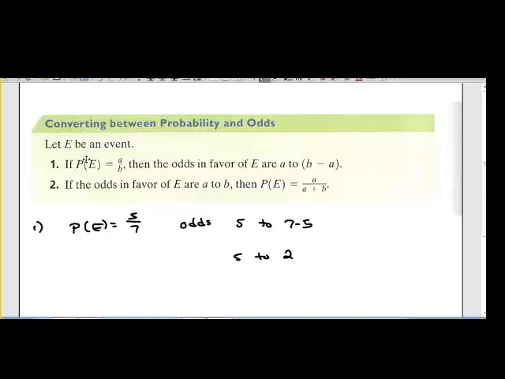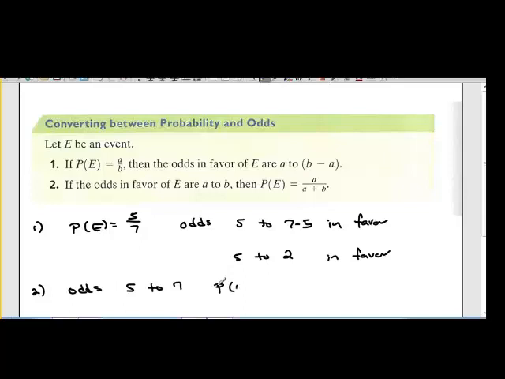So that's how you do the calculation from probability to odds, and then you can do it the other way. Let's say the odds, and this is odds in favor, meaning it's supporting the event E, were 5 to 7.